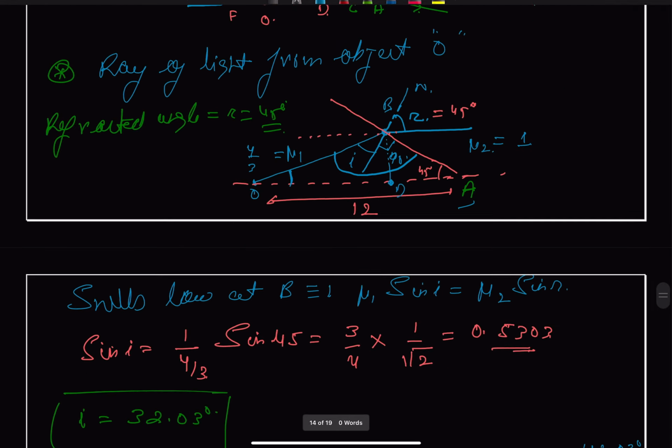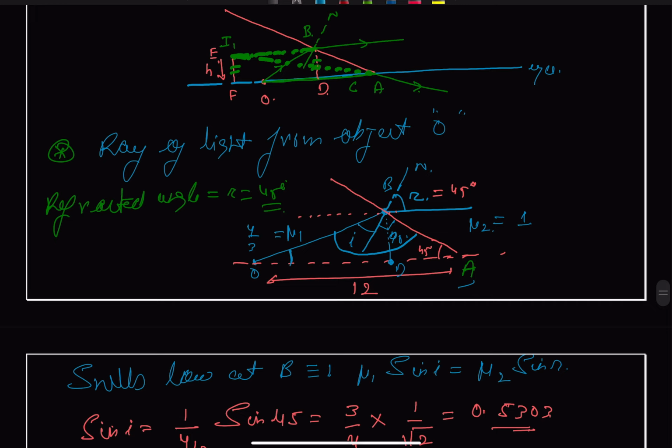So this was our height H, and we call this point E and this point F, and we call this image I1. So we found out the height of the image I1.